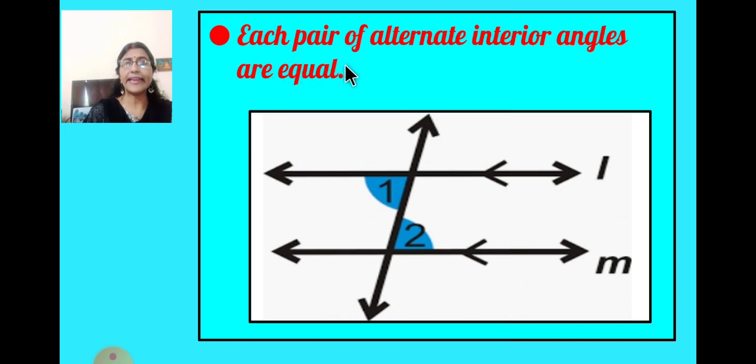Then we have learnt each pair of alternate interior angles are equal. So you can see here, this is an example. These two are alternate interior angles and they are equal. Here also if I draw one angle, this angle will be equal to this angle. So they are equal.